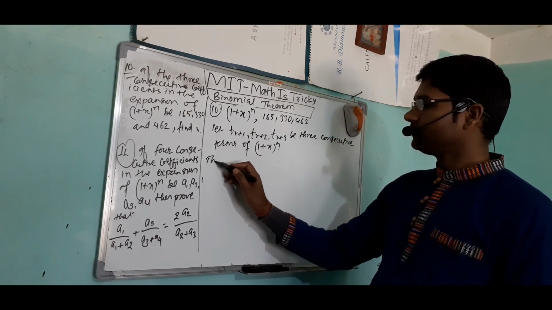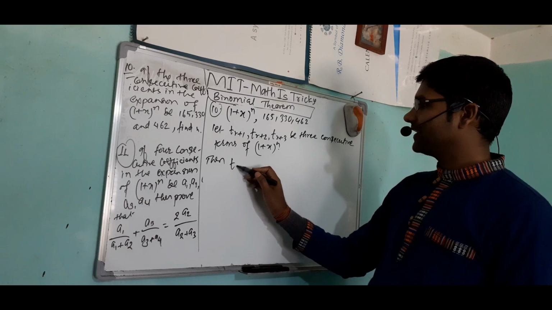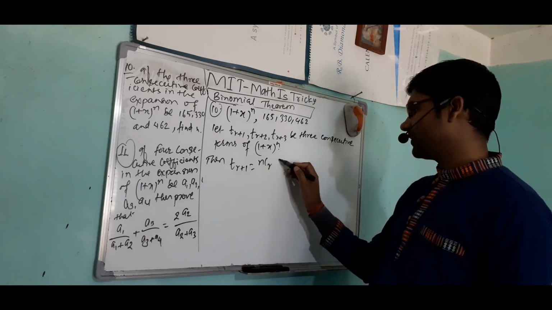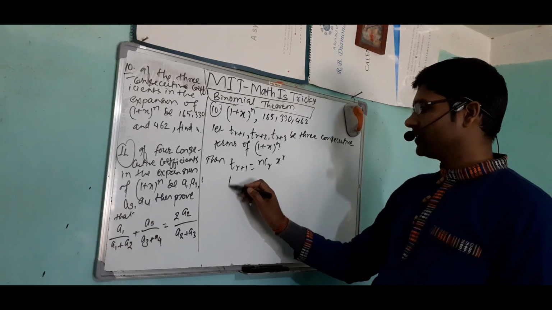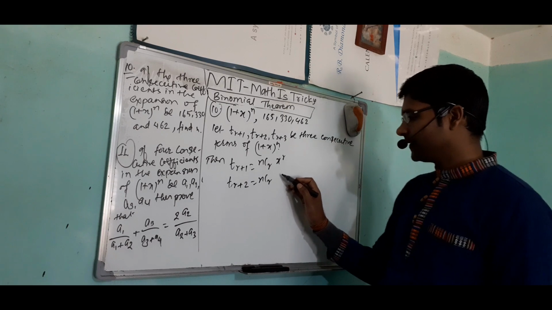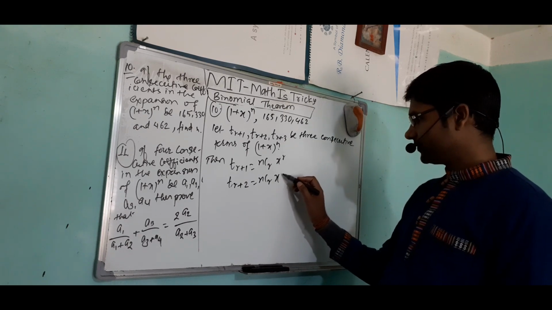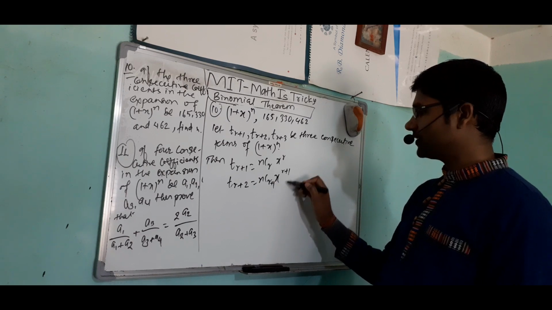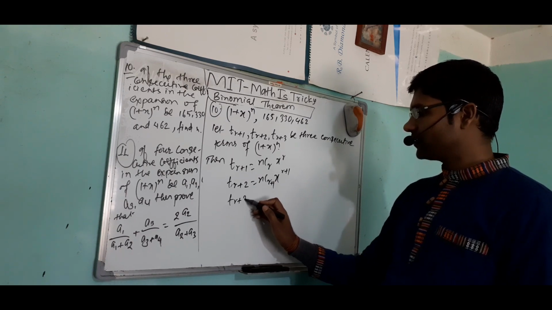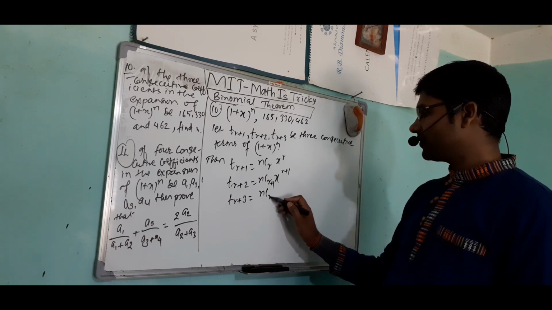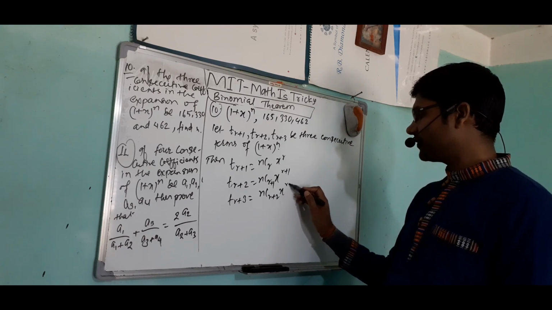Then we can write T(r+1) = nCr x^r, T(r+2) = nC(r+1) x^(r+1), and T(r+3) = nC(r+2) x^(r+2).